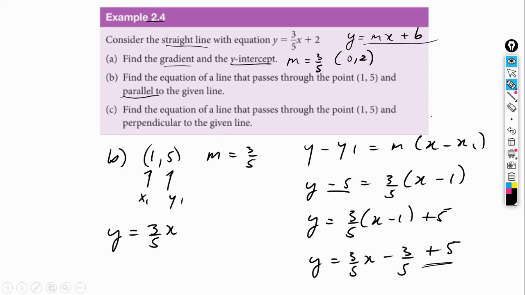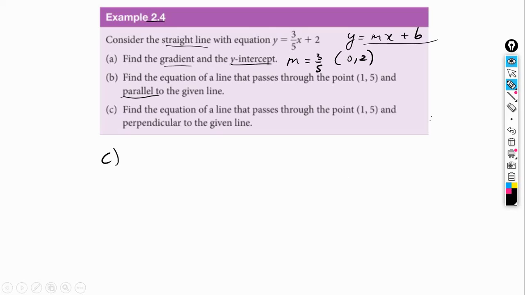But remember that this is the same as saying 5/1, so multiply by 5. And this is going to be 25/5, and 25/5 minus 3/5. So 3/5 x plus 22/5.